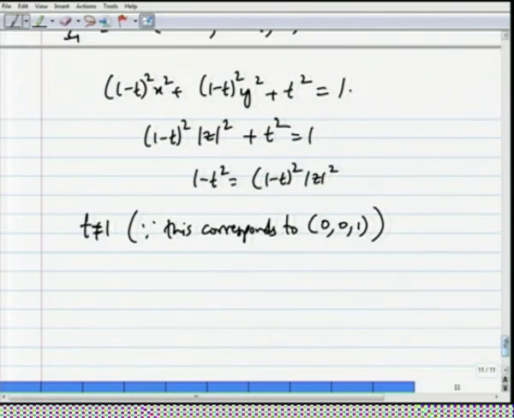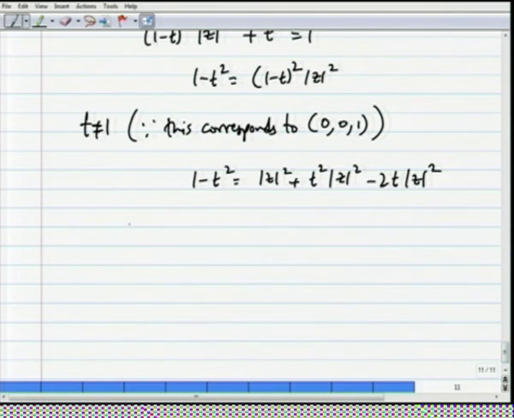So, you can divide by 1 - t, for example, and then we can solve this for t. Well, let us do it. So, 1 - t² is |z|² + t²|z|² - 2t|z|².